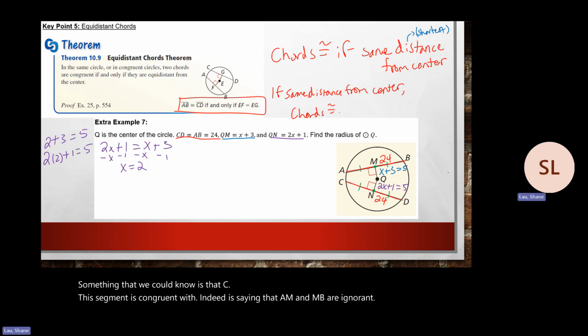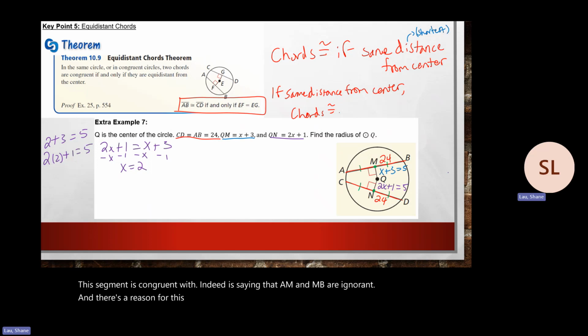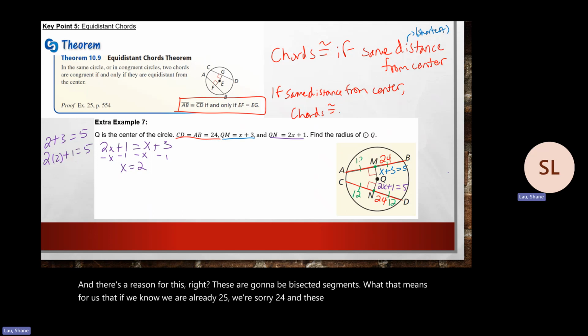And there's a reason for this, right? These are going to be bisected segments. What that means for us is that if we know we are already 24, then these segments are each 12.